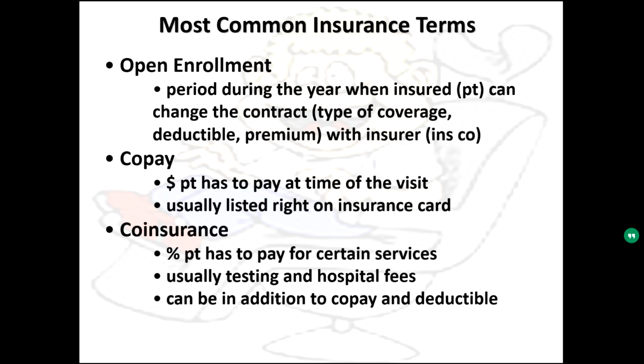Maybe last year I picked option A, and maybe this year I want a lower premium every month. So during the open enrollment period, which they notify me about, instead of option A, I'm going to switch my insurance to option B for this year. I can do that during open enrollment. Once that enrollment period ends, you're stuck with whatever you have.